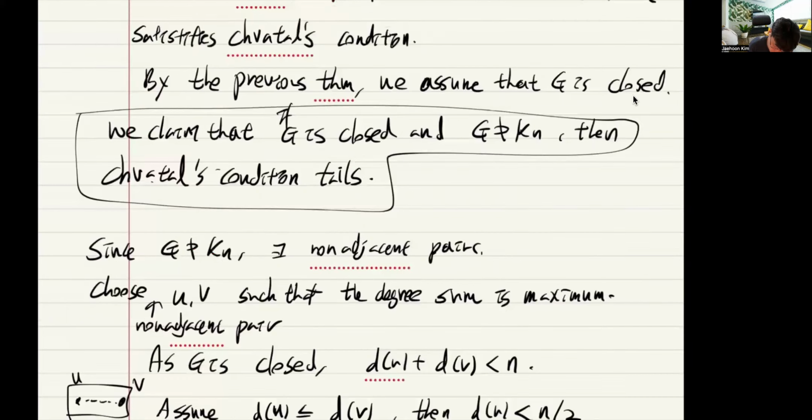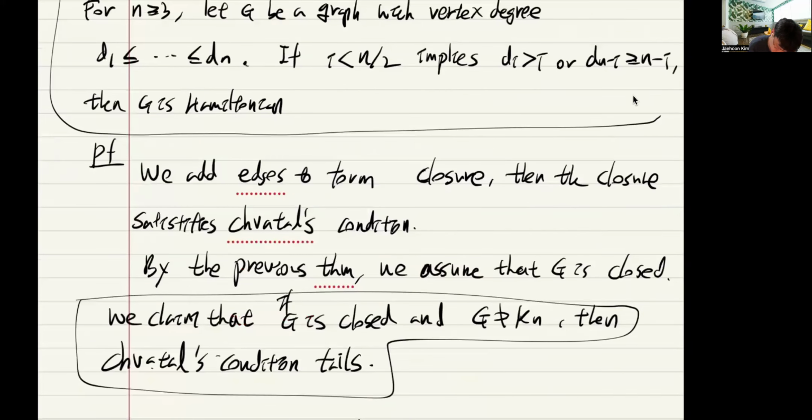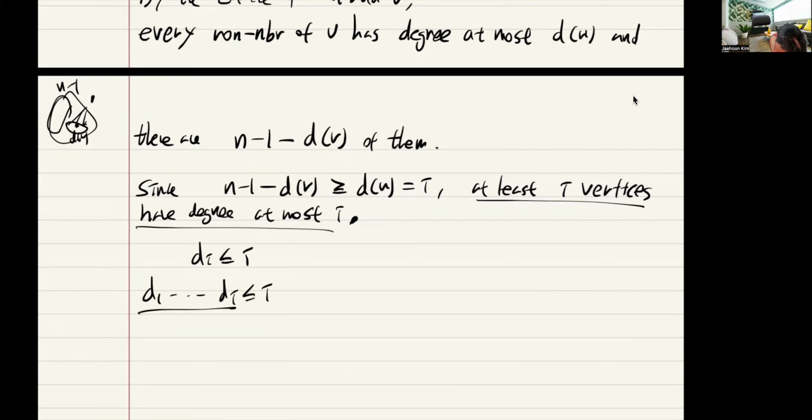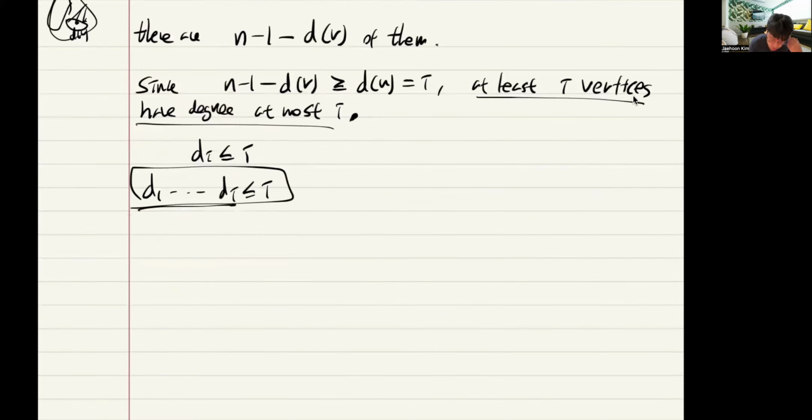Then what happened? d_1 to d_i are all at most i. So d_i is at most i.